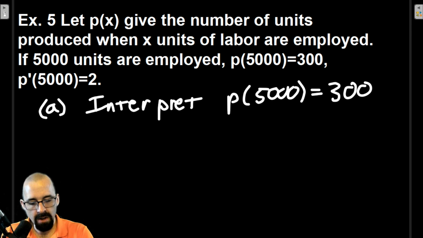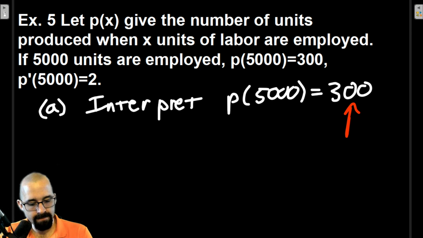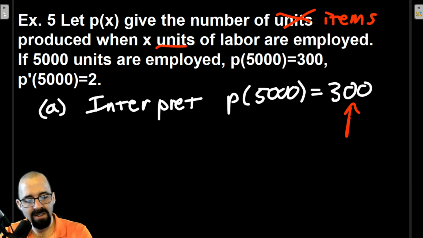P of X is the number of units produced. Let's replace this, by the way. Instead of saying units, let's say items, because we're saying units down here too, and it gets a little confusing. This is how many items produced.